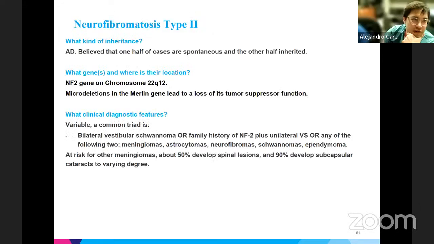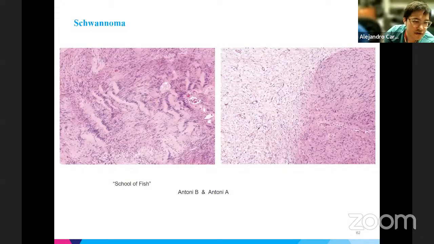Perfect. So NF2, also autosomal dominant with the NF2 gene on chromosome 22. It implicates the Merlin tumor suppressor gene, and bilateral vestibular schwannomas are pathognomonic for it. So that gives you your diagnosis, quick review of the pathology of the schwannoma.